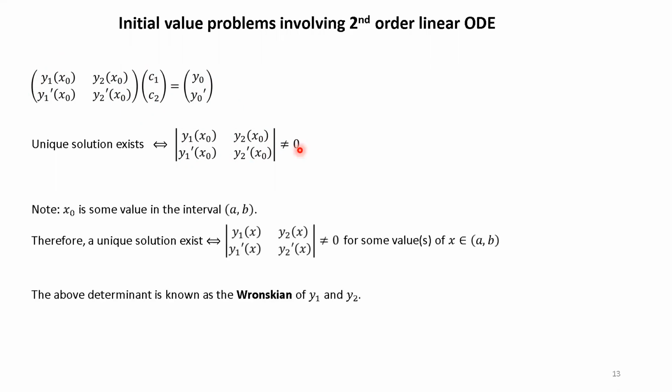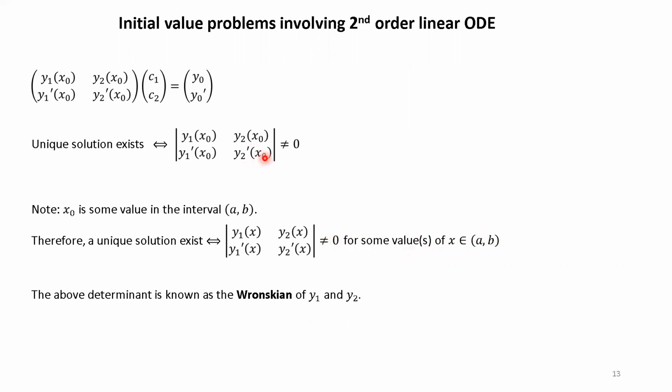Let me rephrase it: if I know that there is a unique solution, then that is equivalent to saying that this determinant has to be non-zero for some value of x in my interval of interest, that is, x naught.